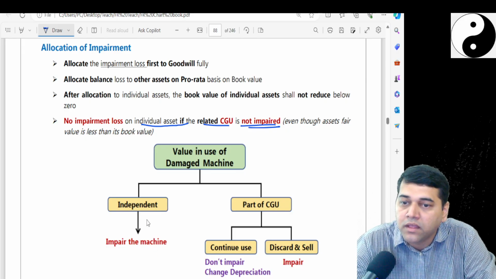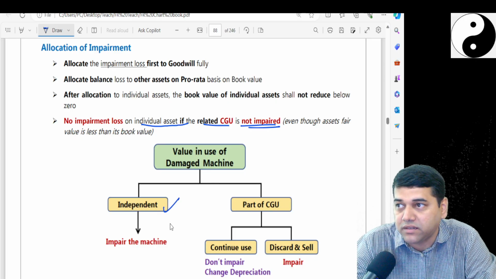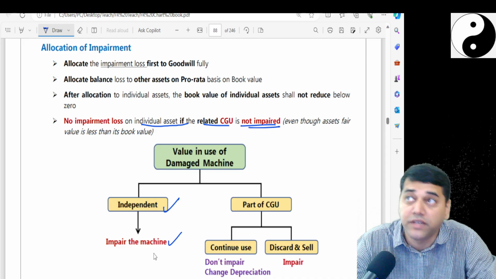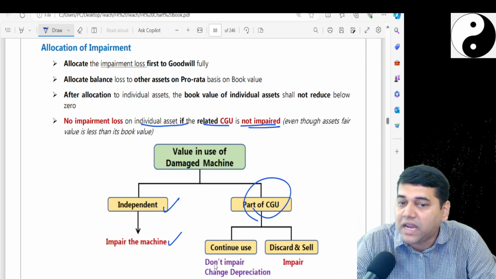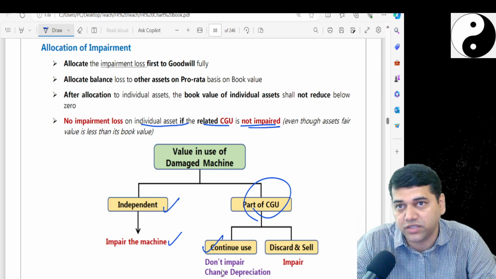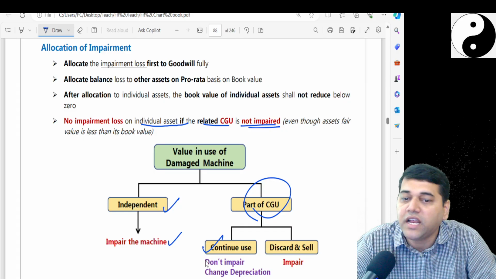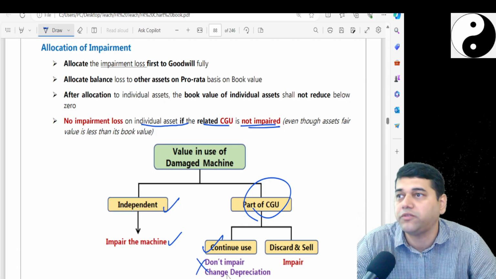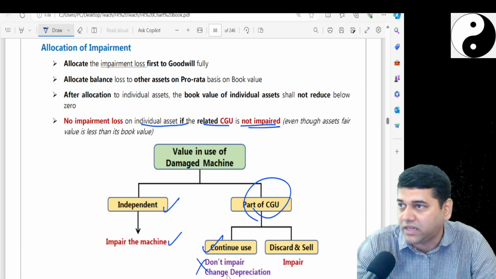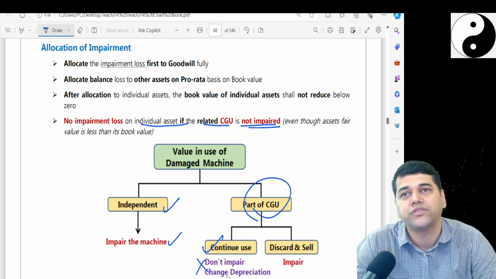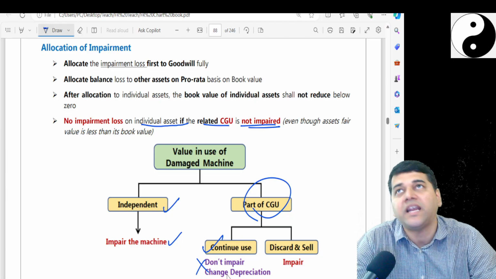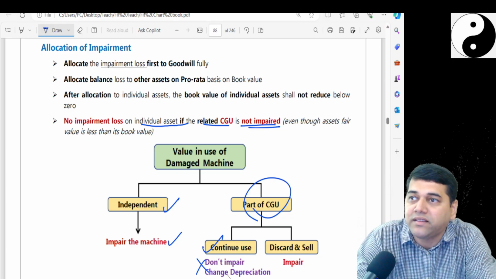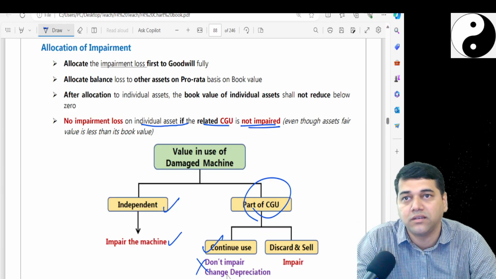However, value in use of the damaged machine, if it is independent, yes, I will impair it. If it can independently earn, I will impair. If it is a part of the CGU, and if I continue to use it, then I don't charge the impairment. So if my intention is not to discard it, not to sell it, but to continue to use it, that means it's part of my CGU and it will continue generating cash along with the damaged asset.